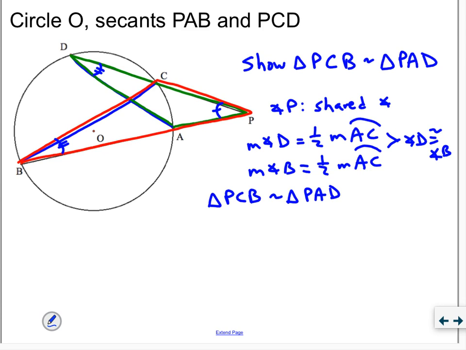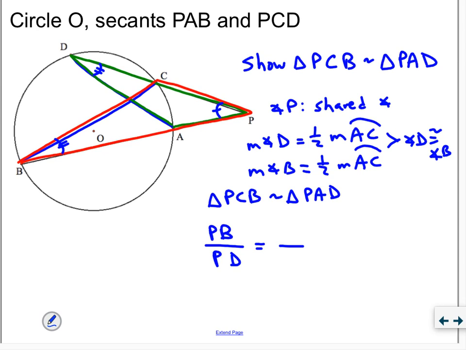Now, let's write proportions. So what I'm going to do is match up the long sides of my two triangles. So I'm going to take a look at the long red side. Call that PB. And PB is going to match up to the long green side, which is PD. And now let's match up the short sides of those triangles.